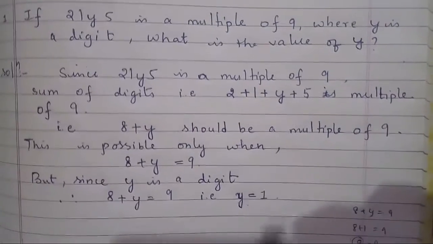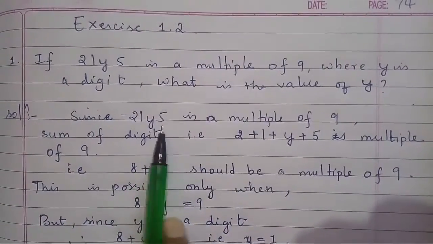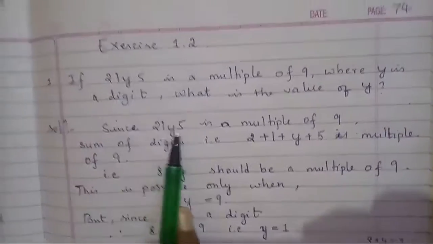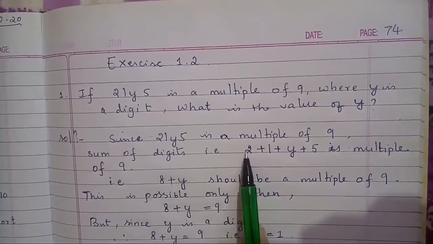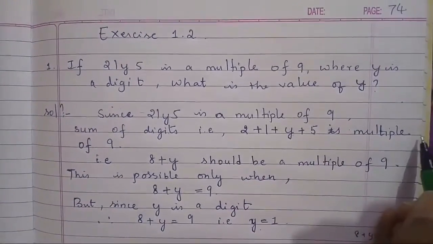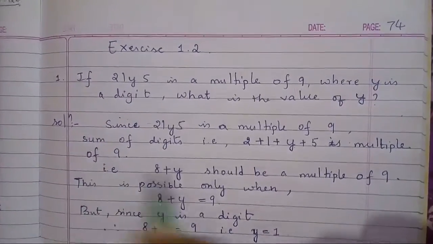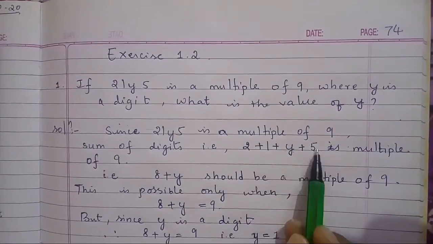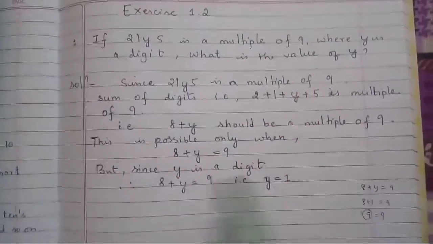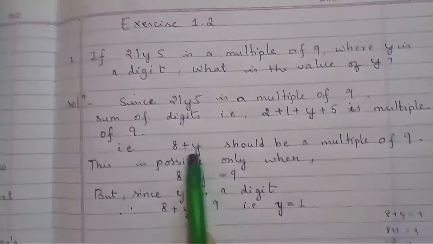Again I will explain. Since 21y5 is a multiple of 9, first you need to take the sum of the given digits, that is 2 plus 1 plus y plus 5 is a multiple of 9. Okay, consider this step. Again add these numbers, keeping the variable, that is 8 plus y, and it should be a multiple of 9.